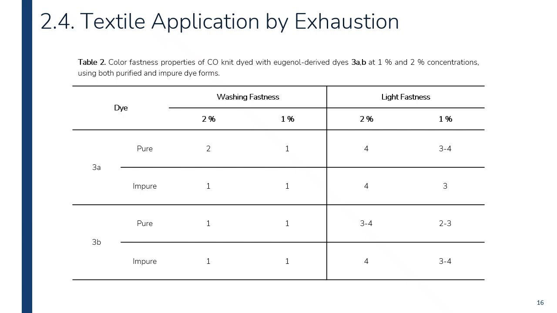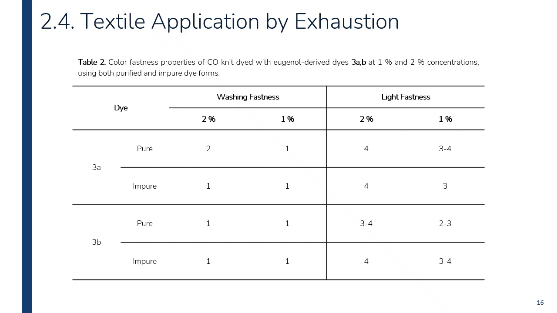On the other hand, light fastness ranged between 2 and 4; particularly, Di3B in its impure form showed superior performance compared to its pure form. For Di3A, the light fastness was equal in both pure and impure forms, with a value of 4.